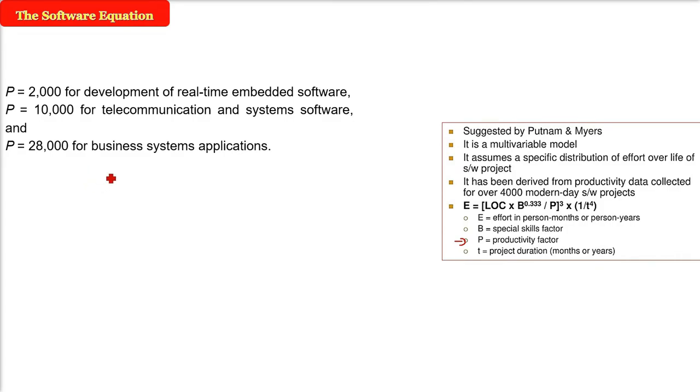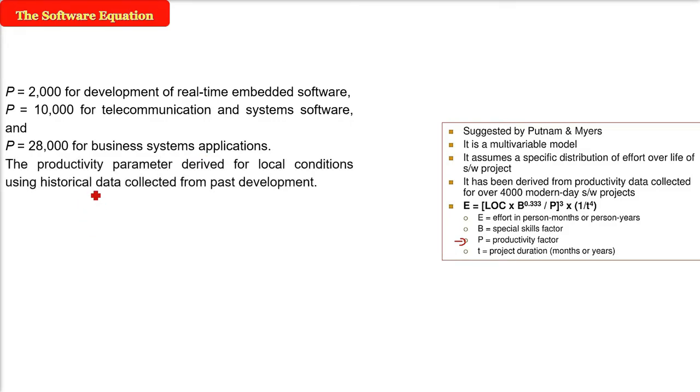P will be 28,000 for, say, business system application. That is, a lot of things are involved here. The productivity parameter P is derived not only from past experience, that is the historical data, but also the local conditions for the past development. So we'll take an example where P will be different, and this is how this P will be given.